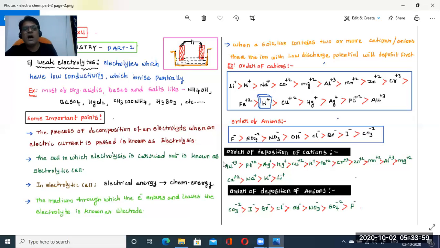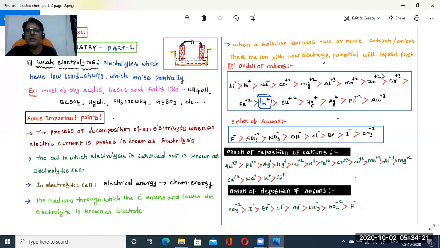So when a solution contains two or more cations or anions, the ion with the low discharge potential is discharged first. So this is the order of discharging potential.